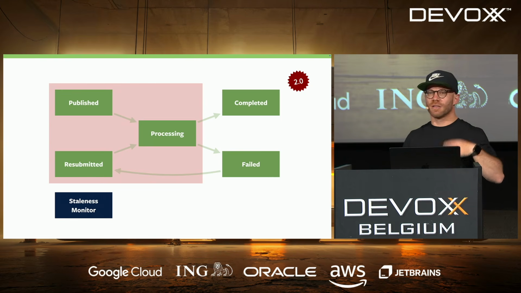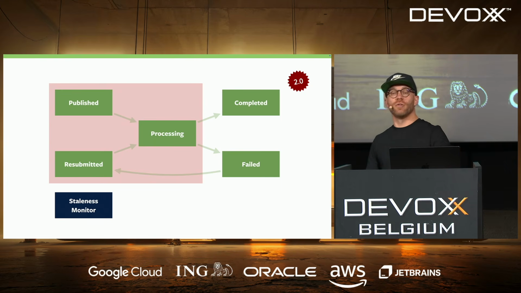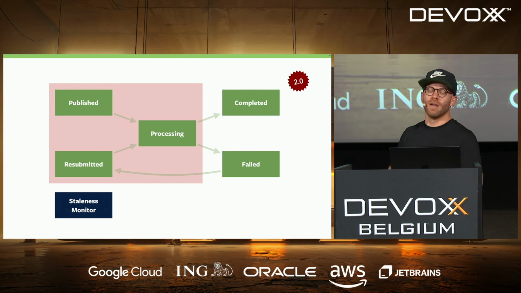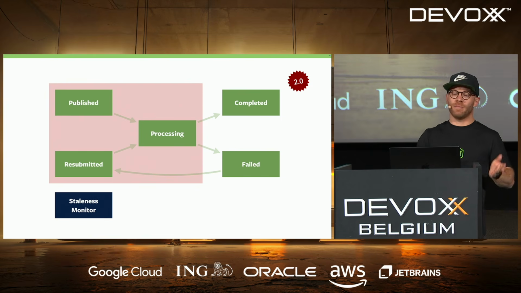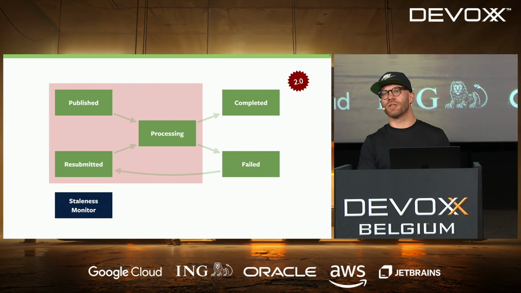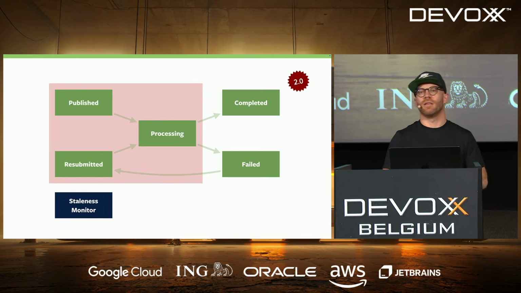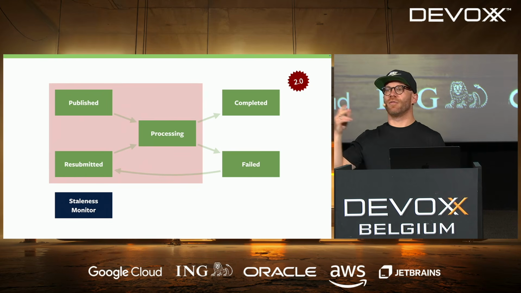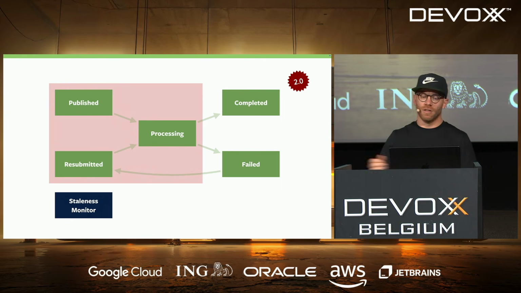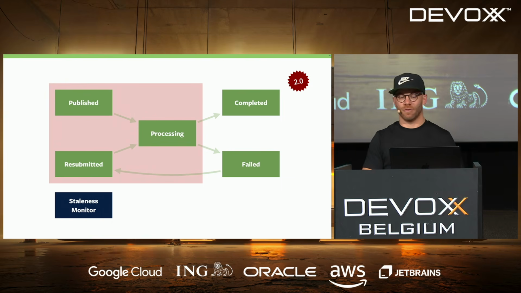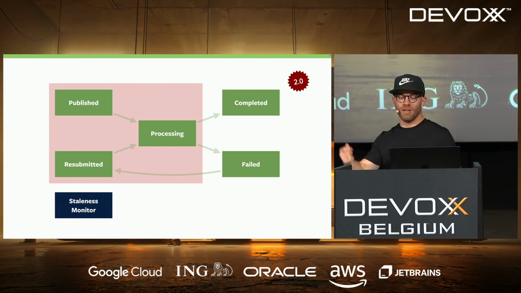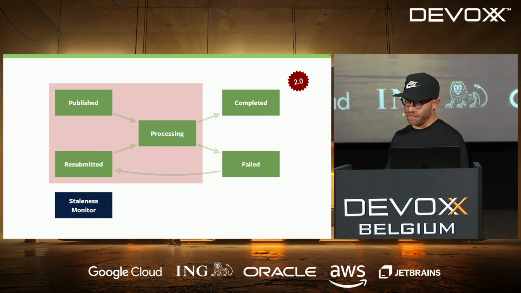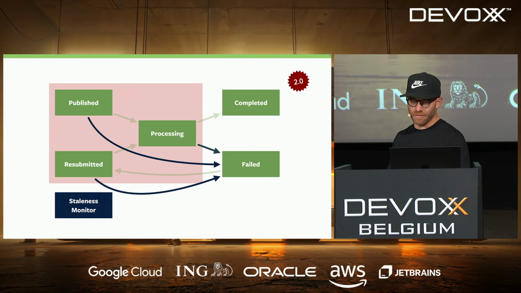It's a separate thread that you can configure with certain properties, in which you define, after when I find an event publication that's been in the state published for more than a minute, then there's probably something wrong. The same for processing, for resubmitted, and what have you, right? So you can react to event publications getting stuck in a certain phase. That's the idea, right?